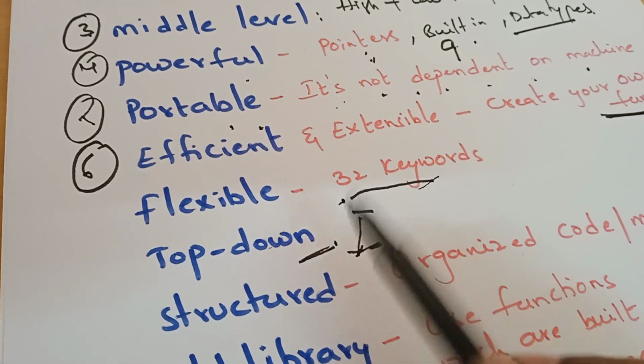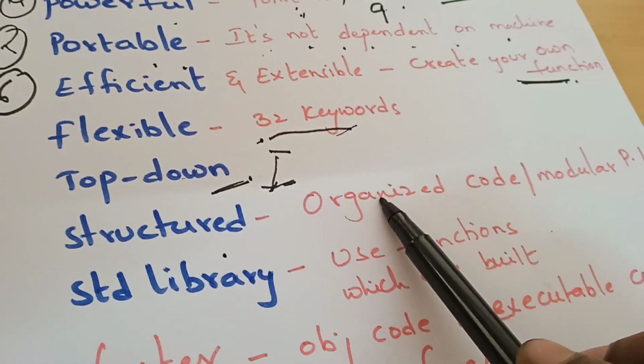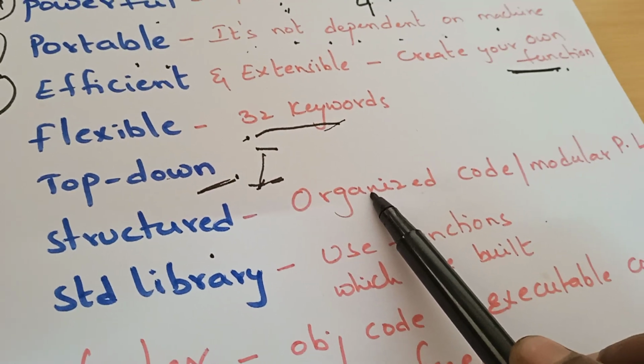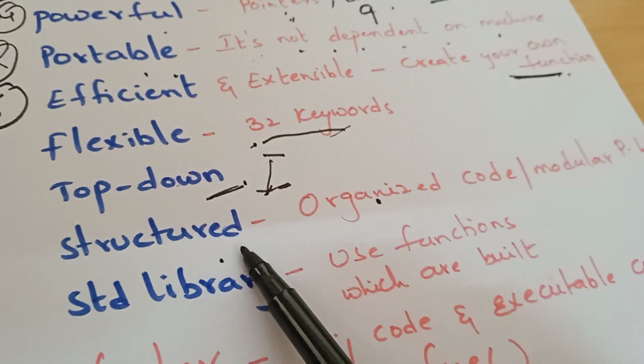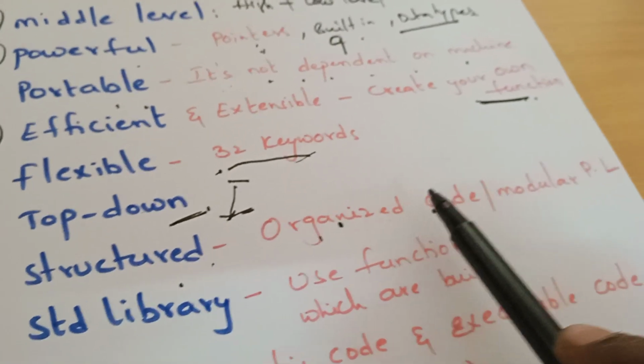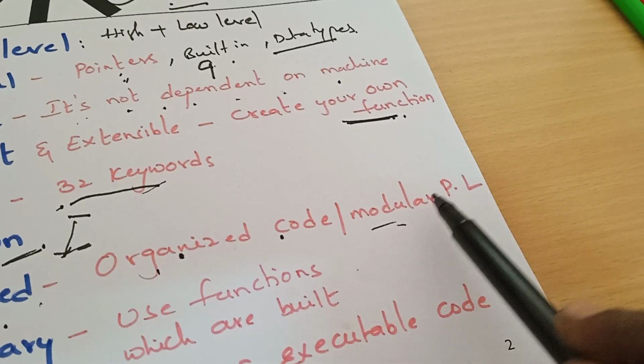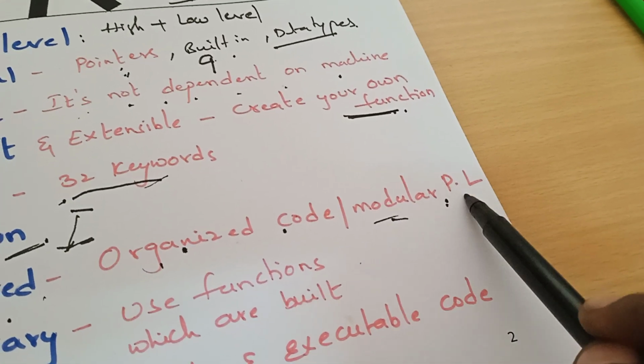And the next is it is a structured and organized program. If you see n number of C programs, you will find the same structure because it is organized code, and it is a modular programming language.